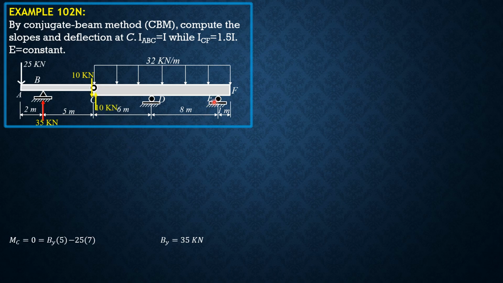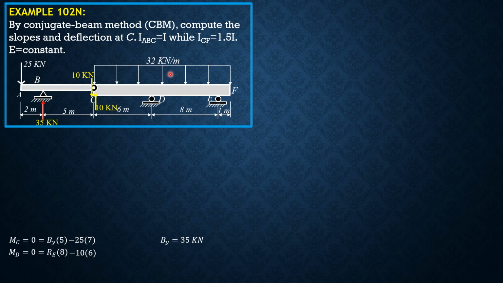Then we compute for RE. We sum up moments about D considering CDE, counterclockwise positive. Moment about D equals 0. So RE times 8 minus 10 times 6, then minus 32 times 15.